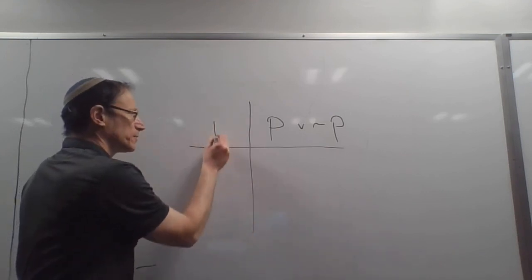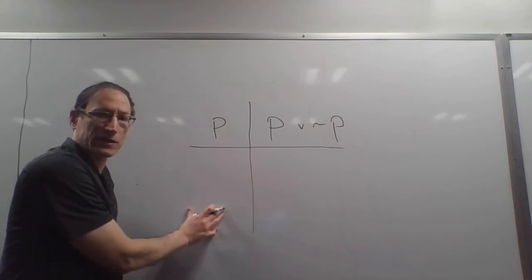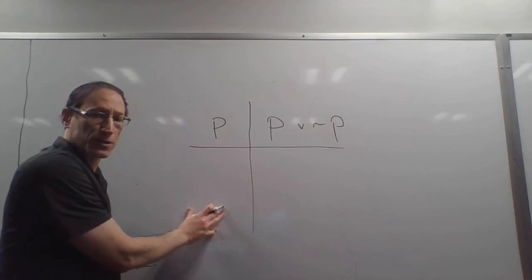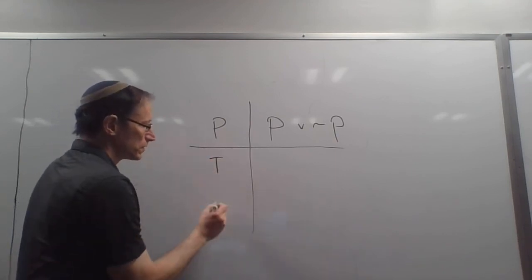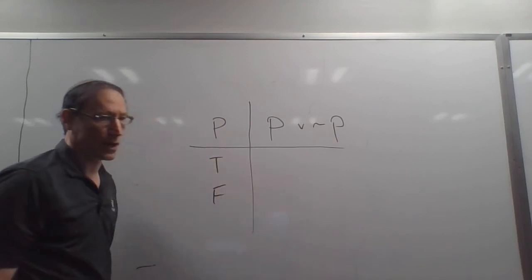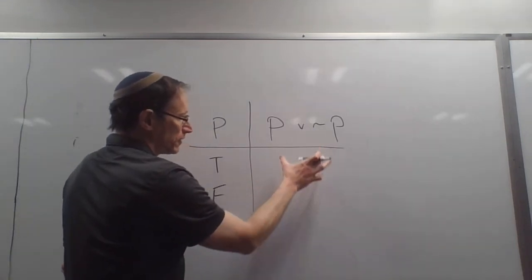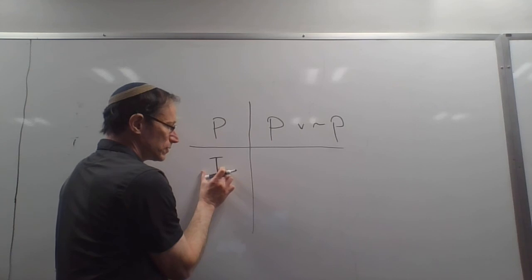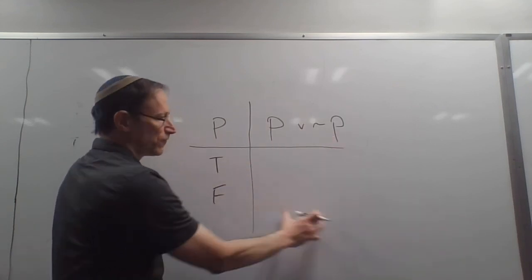And now you put down over here all the possible combinations of truth values for P. There's only 2, right? P is either true or it's false. So now you're going to compute the value of this formula if P is true, and the value for this formula if P is false.